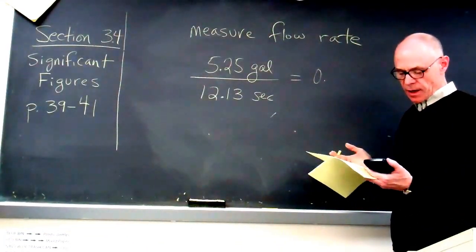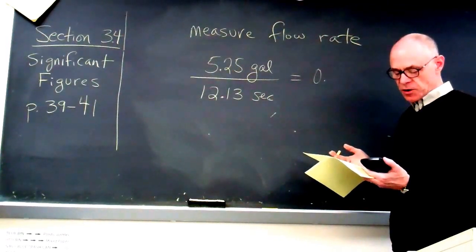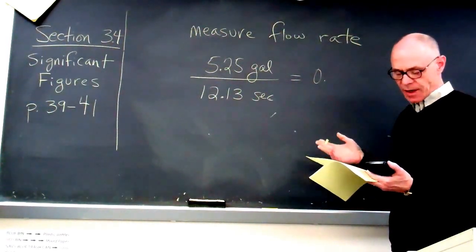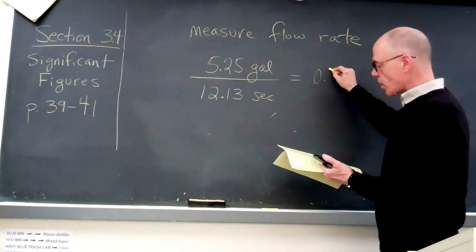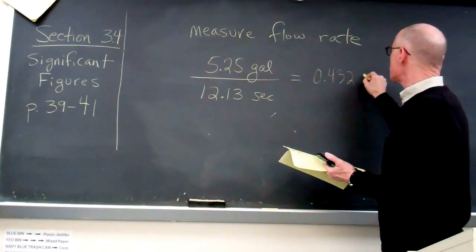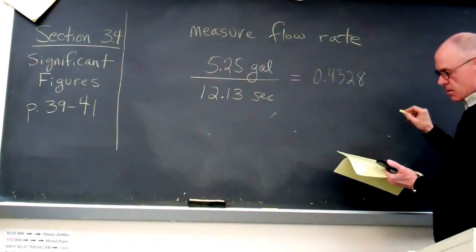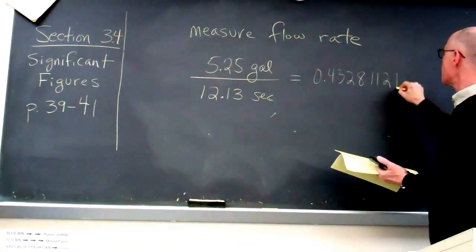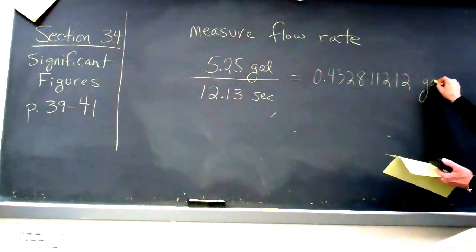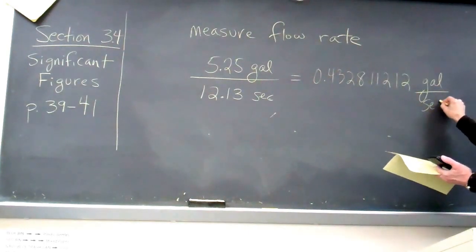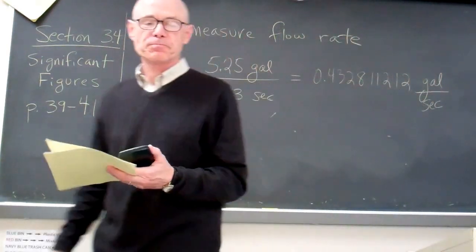Mine is displaying 9 decimal places. Yours might be 8 or 10 or something else, depending on your model. I'm getting 0.432811212, and that has units of gallons per second.